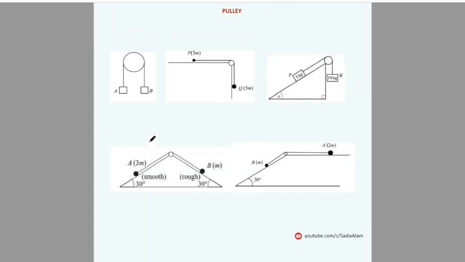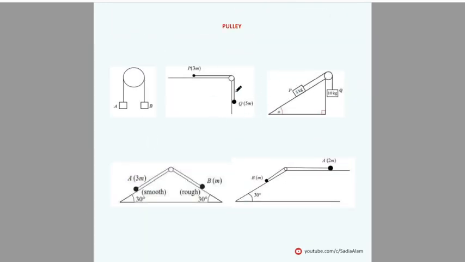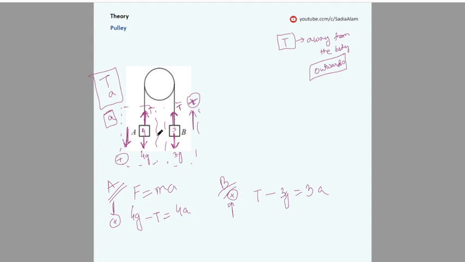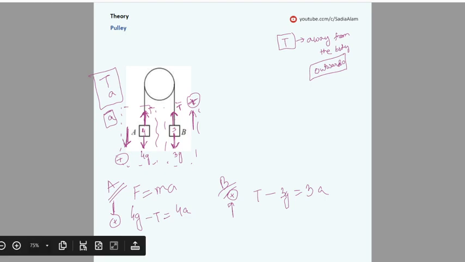Whatever the arrangement is, the basic idea is you introduce the forces into the diagram, you select the direction of motion, and then you apply F equals ma for both of the particles. You will get two different equations, and for that you use two free body diagrams of both the particles.